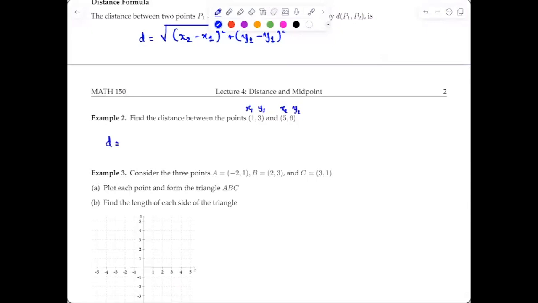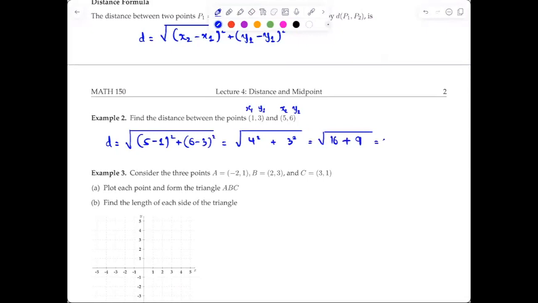So the distance is the square root of (5 minus 1) squared plus (6 minus 3) squared, which gives me 4 squared plus 3 squared. This is the square root of 16 plus 9, or the square root of 25. Therefore, the distance between these two points is equal to 5.